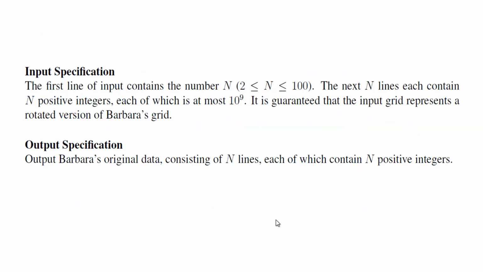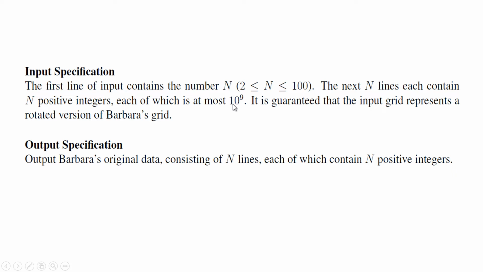Now input specification. The first line of the input contains the number n. I remember we have an n by n matrix, so we have n here. This n is between 2 and 100. And the next n lines each contain n positive integers, each of which can be very big.